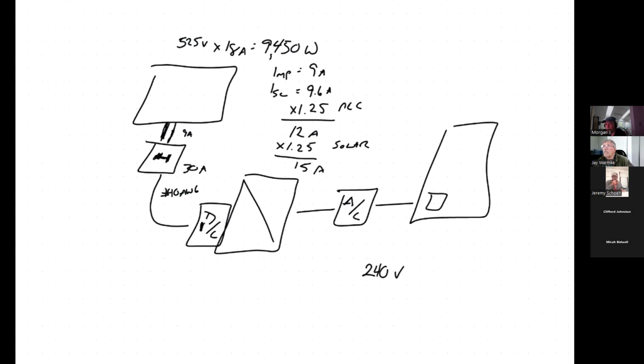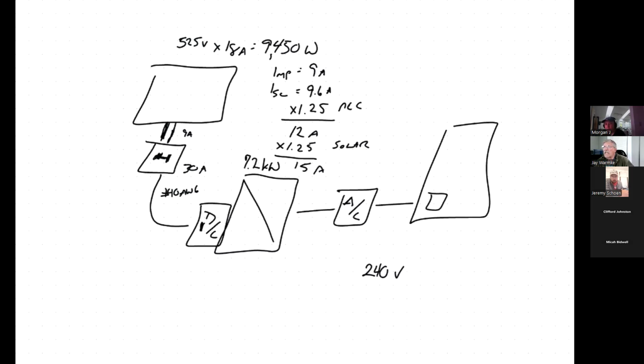This was a 9.45 kW array. And for a lot of reasons, let's just assume we put in a 7.2 kW inverter. These two are related, but they don't have to be the same. We'll get into a thing called clipping, where usually you're going to put a smaller inverter in compared to the array. And there are good reasons for that, which we'll get into. But let's say we put in a 7.2 kW inverter.